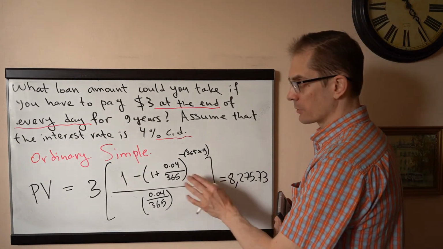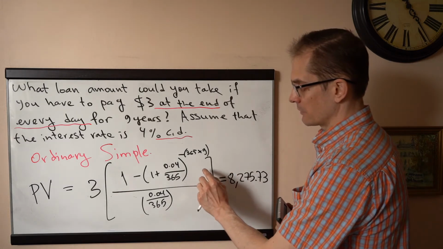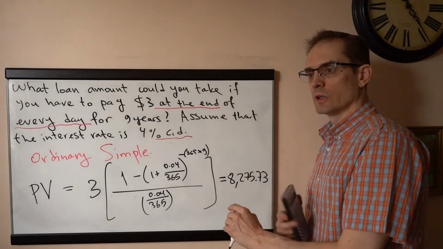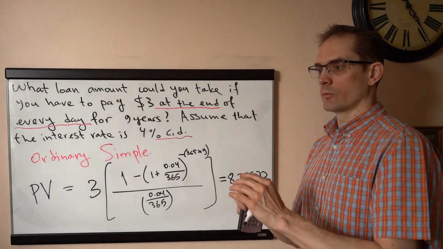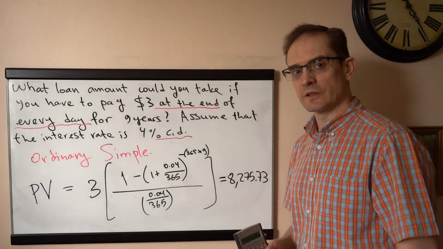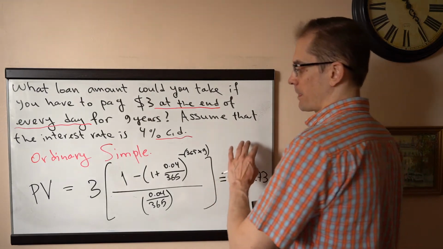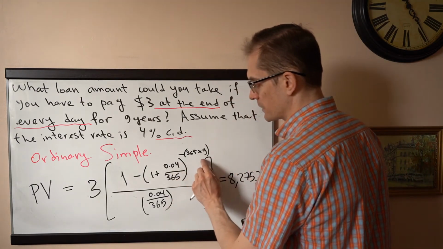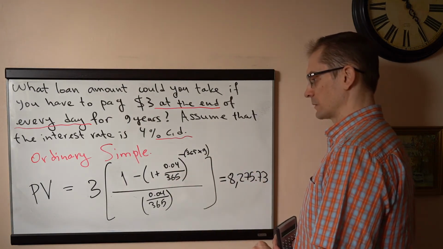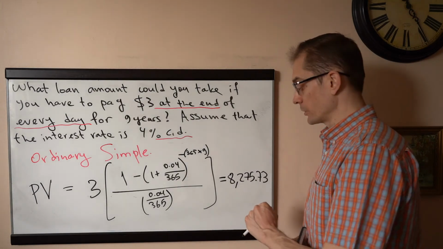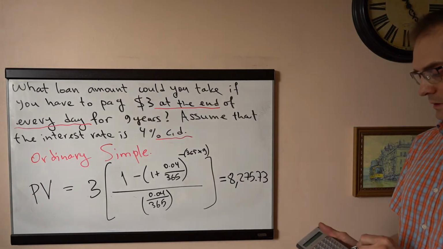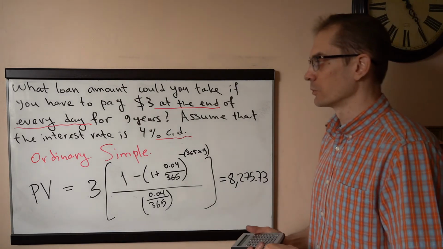Just something to keep really in mind here, to be very careful about, is that when you calculate this, you need to keep all decimals, without rounding. So you should not round yourself. Let your calculator keep as many decimals as possible, because this calculation is very sensitive to decimals, right? So when you calculate this, keep that in mind. Otherwise, your calculation will not be right. So that's the present value of this problem, and that's the loan amount we're looking for.